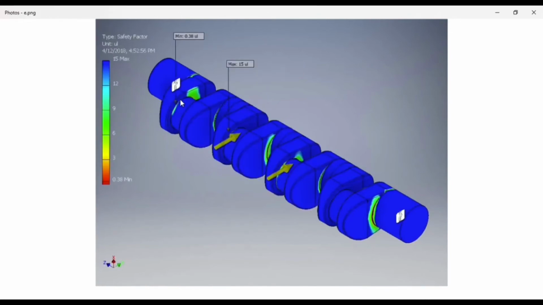The safety factor of the crankshaft is at its minimum in this area, which is 0.38, and the maximum safety factor is in this blue area, which is 15.